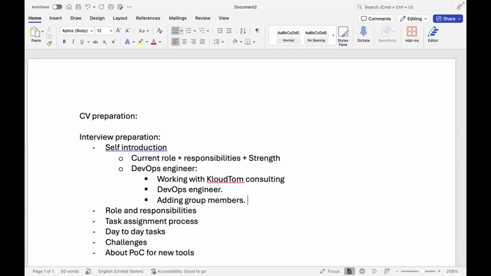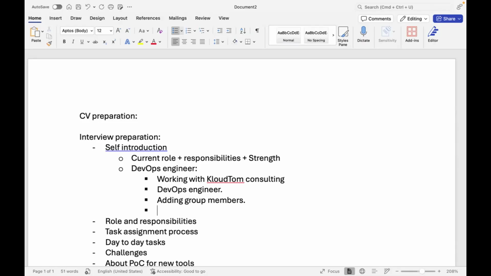So when you talk about the first thing for sure, you're working closely with architects and lead DevOps engineers. Okay, that is the starting point. You're working closely with the architects. It could be cloud architects or enterprise architects. You can just go with the cloud architects.